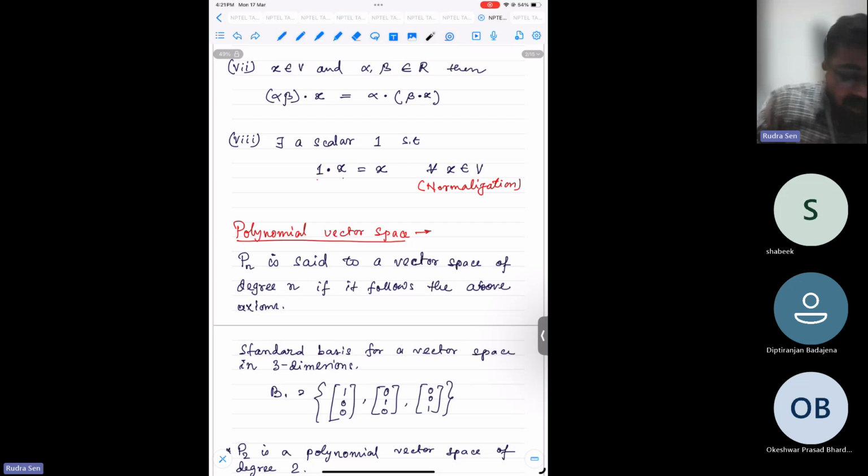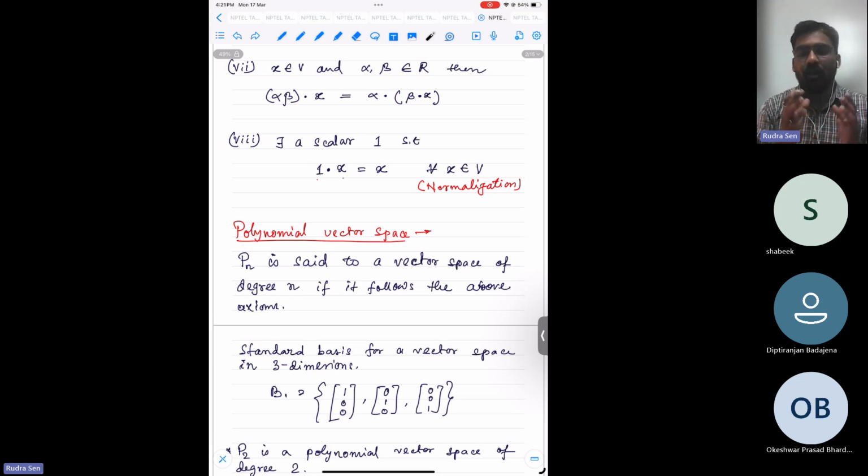There is one small thing that I haven't discussed in the previous class, and that is the finite vector space. What is a finite vector space? It means the dimension of the vector space is finite.